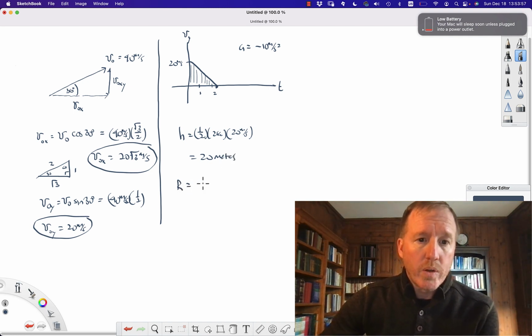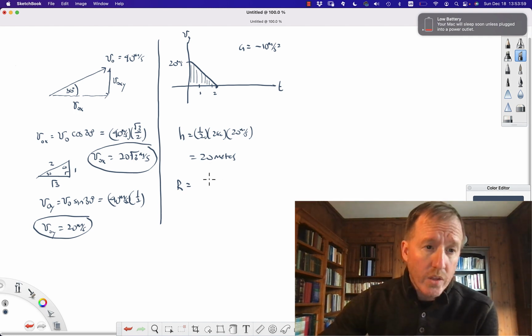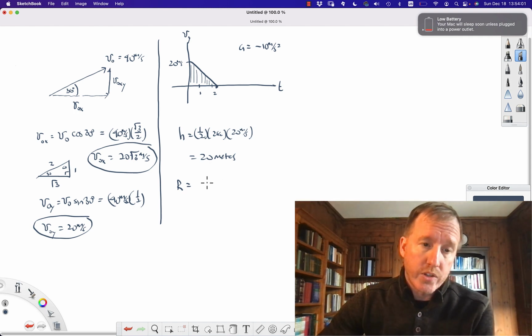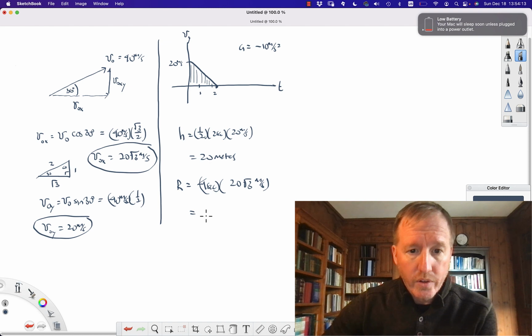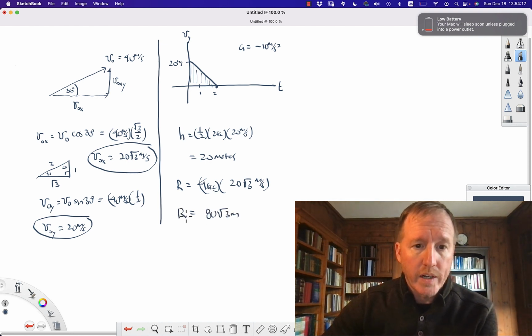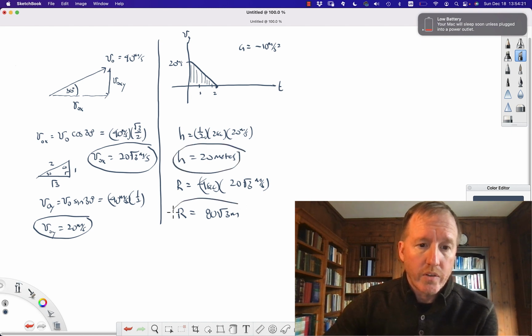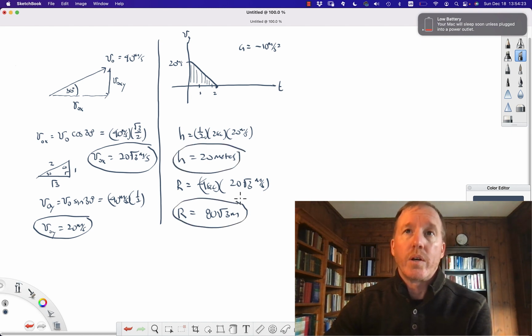The range would be the horizontal distance it travels during the 2 seconds that it takes to go up and the 2 seconds it takes to go down. So it's in the air for a total of 4 seconds, and it's traveling horizontally at 20 root 3 meters per second. And so we'll have 80 root 3 meters would be the range. Okay, so I'll go ahead and put circles around these because I guess these are answers to a couple of the questions I asked.